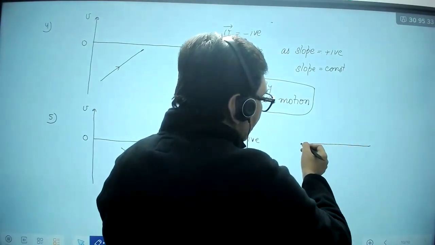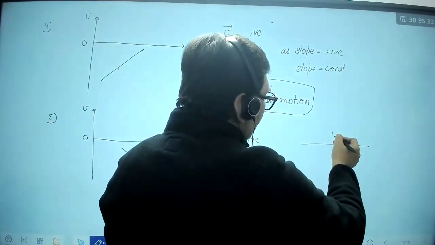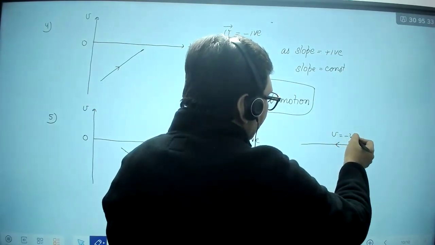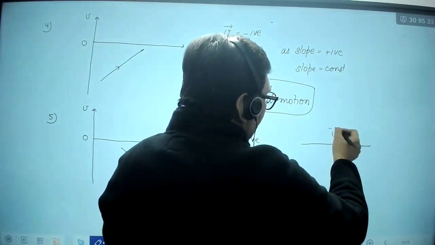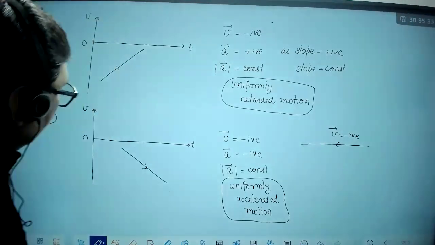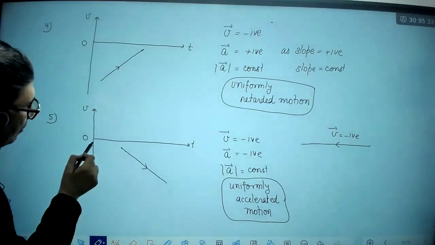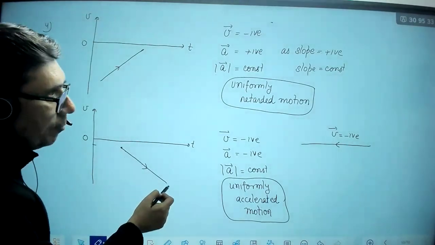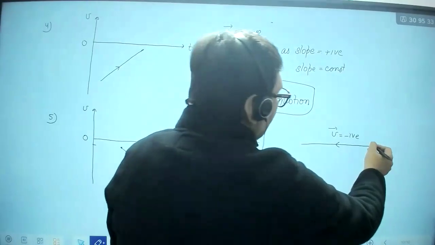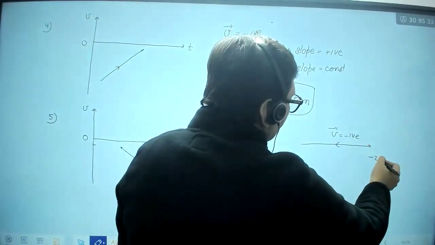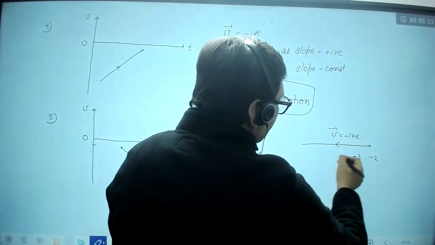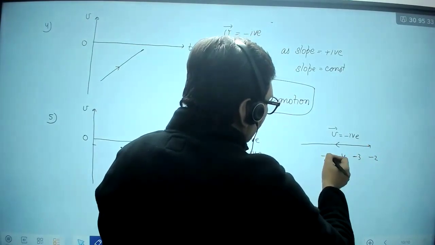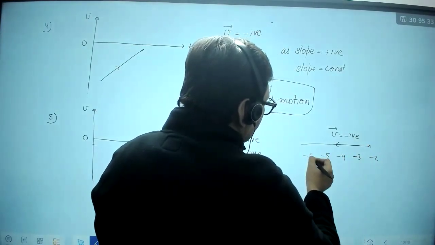Negative velocity means particle is moving in this direction, so velocity is negative. First thing. And how is velocity changing? What will be the velocity here? This will be, suppose, -1, then -2, -3, -4, -5.